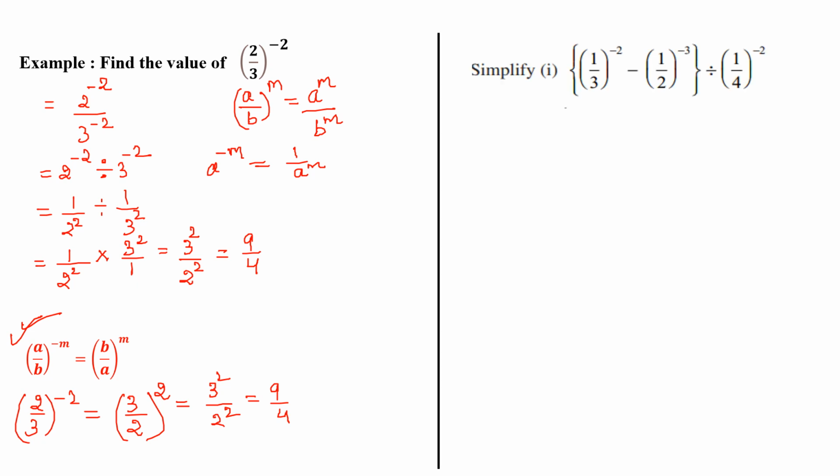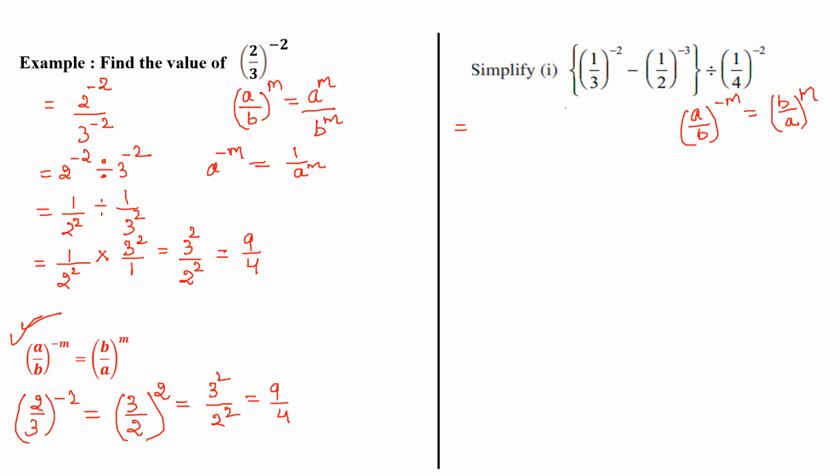Now here you have to simplify the given expression. So here it is (1/3)^-2 minus (1/2)^-3, and then further it is divided by (1/4)^-2. So now I am going to use the same law, the law which tells that (a/b)^-m you can write as (b/a)^m, isn't it?